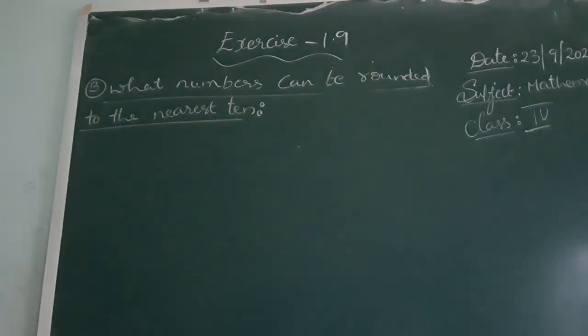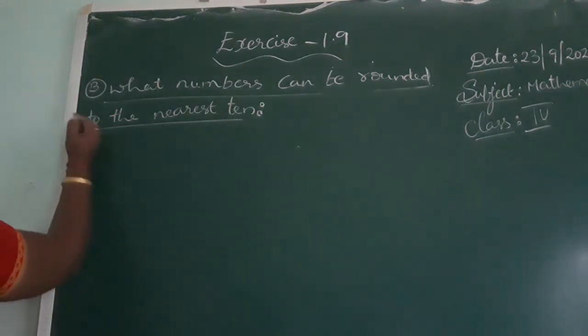How will we write the nearest tens of these numbers? Which numbers can be rounded to the nearest 10?